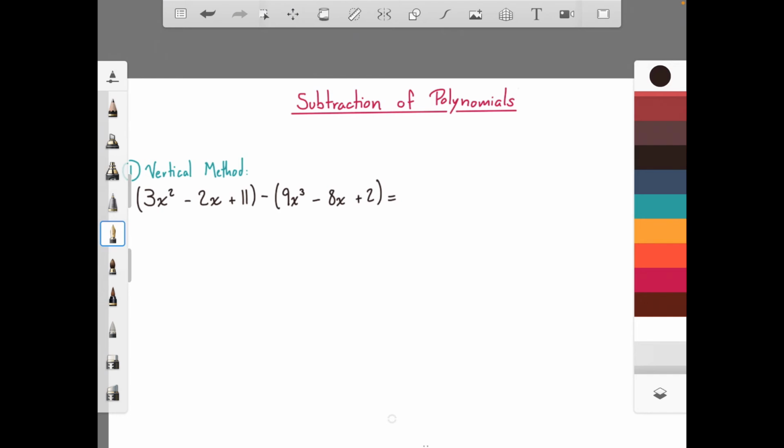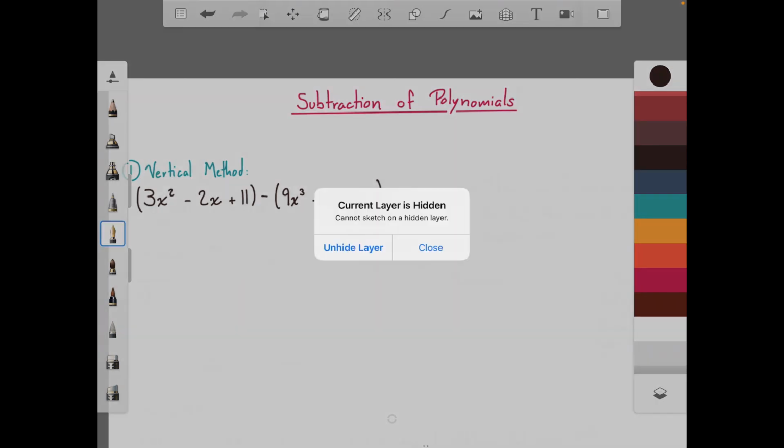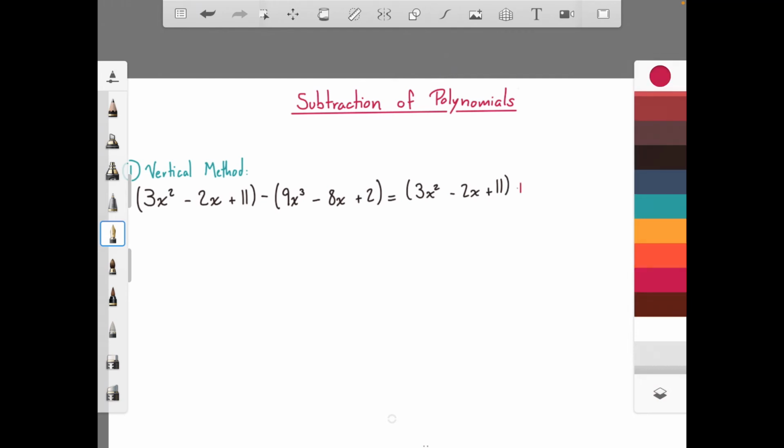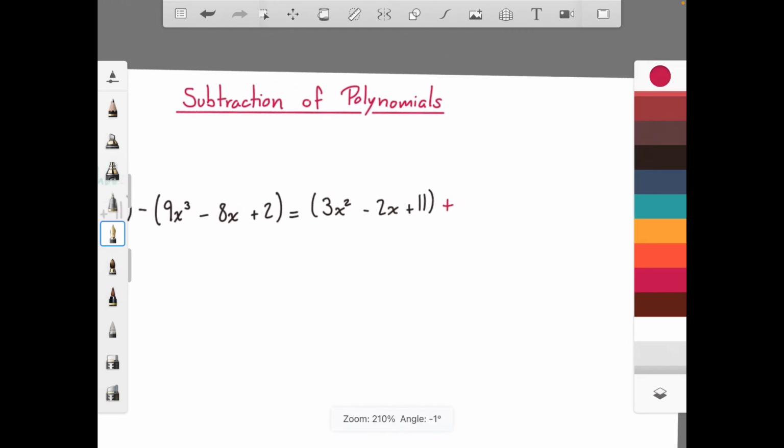With the first one we leave it exactly the same. So it says 3x to the second power minus 2x plus 11, and now we turn the minus into plus. You get that?